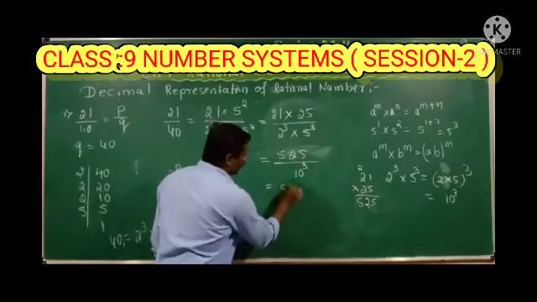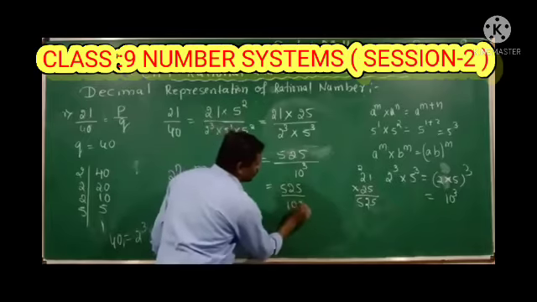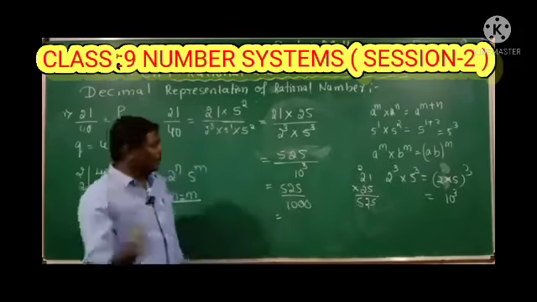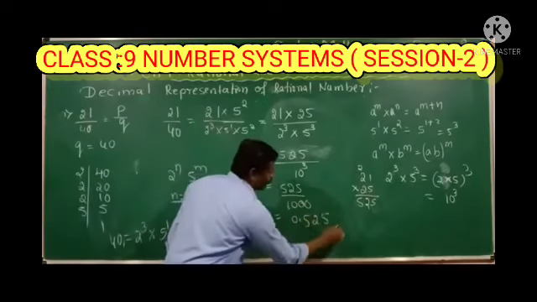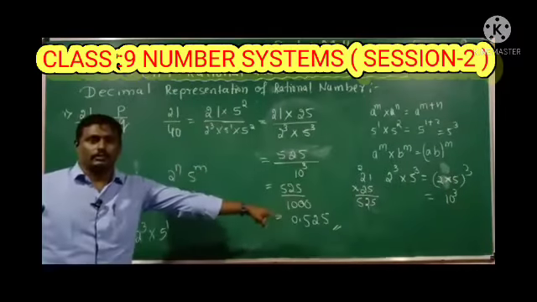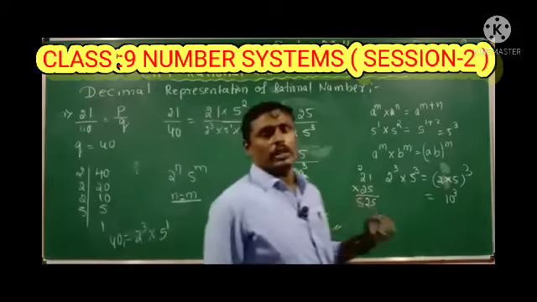So 525 divided by 10 raised to 3, which is nothing but 1000. So 525 divided by 1000 means 0.525. If you are dividing 21 by 40, you will get the same answer. Without doing any calculation, we will find the decimal expansions.